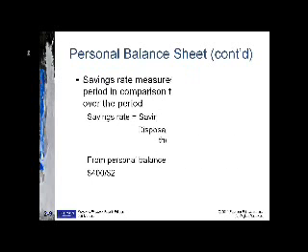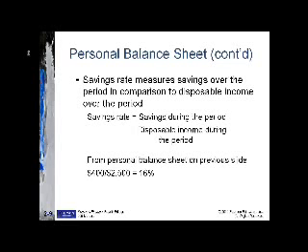Now, the third thing that you want to look at when you're looking at your personal balance sheet, and actually you have to use both your personal balance sheet and your cash flow statement, is your savings rate. You're going to take your savings during the period from your cash flow statement, because that's where you're going to reflect that.